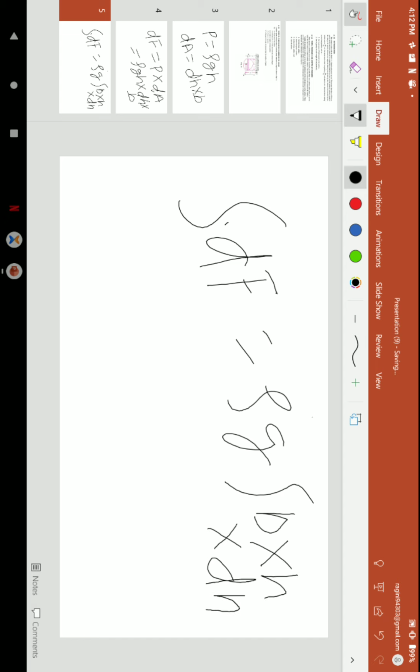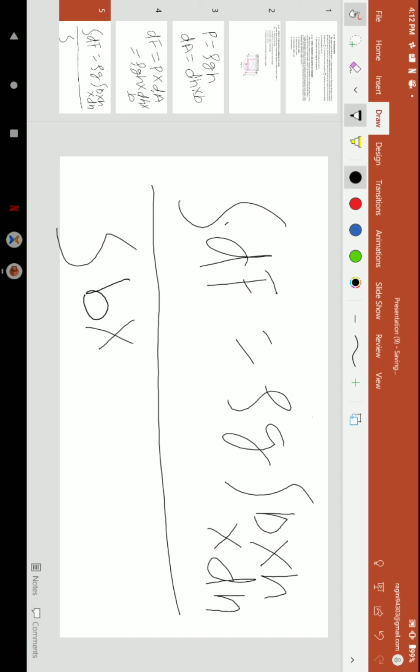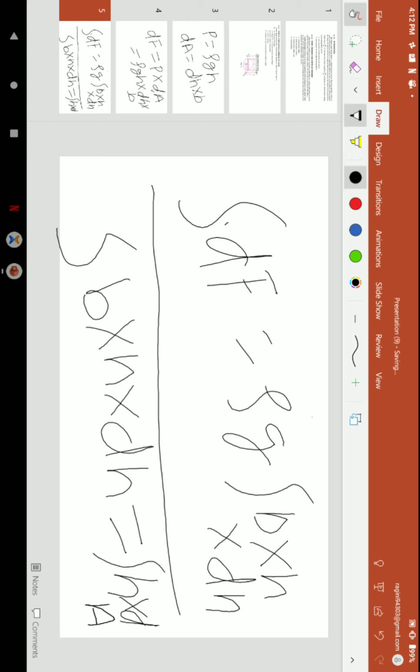Now we have to take this integration, b into h into dh. That dh into b, we know is dA. Then the integration of h into dA.